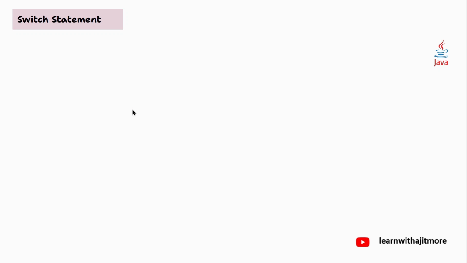Now the basic switch syntax I'll tell you, which is provided from Java 1.1. Later versions provided some enhancements and modifications. What facilities they added in the next versions, we will see.